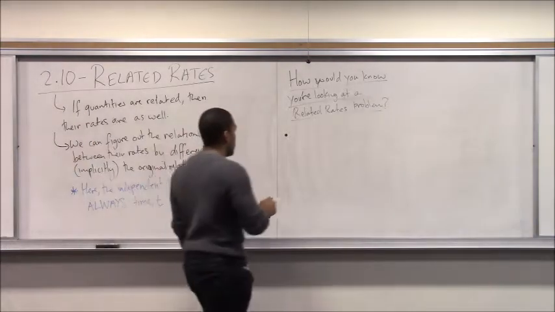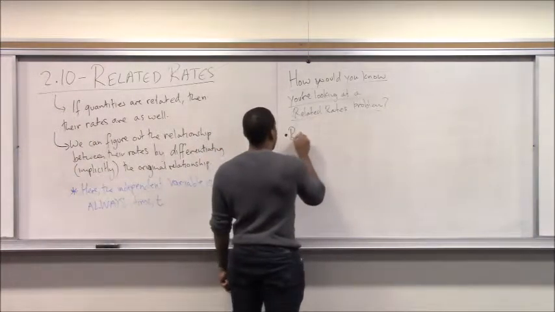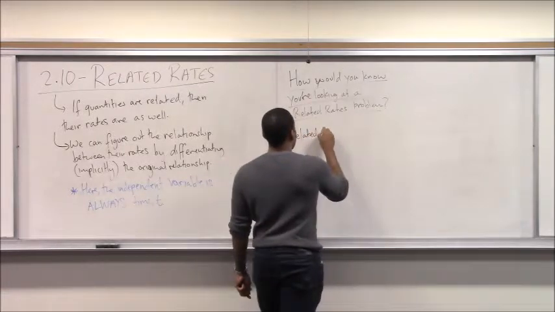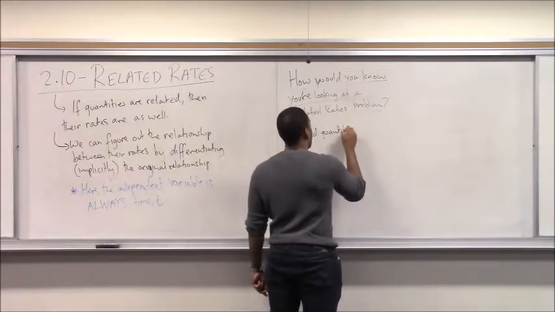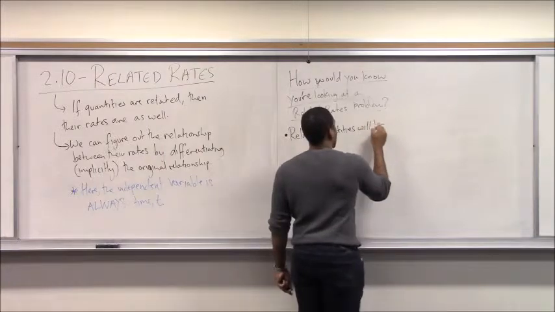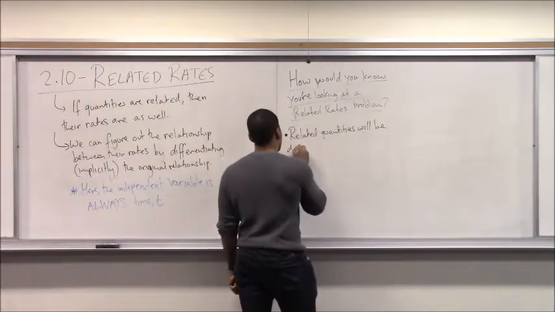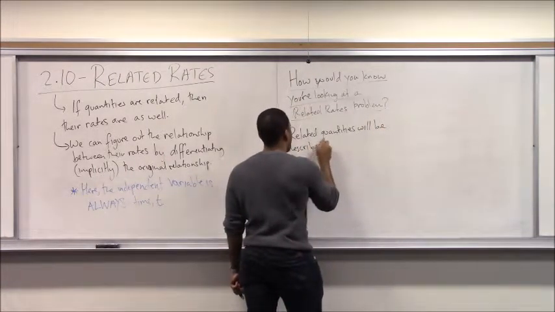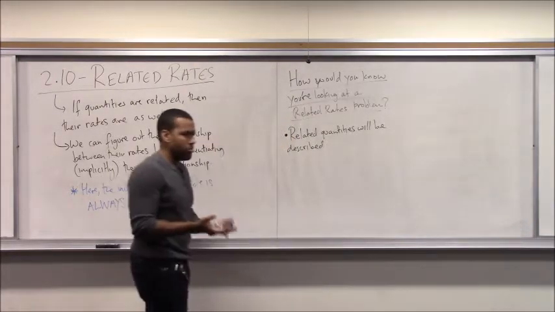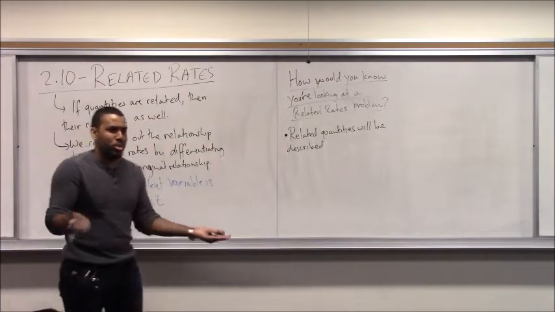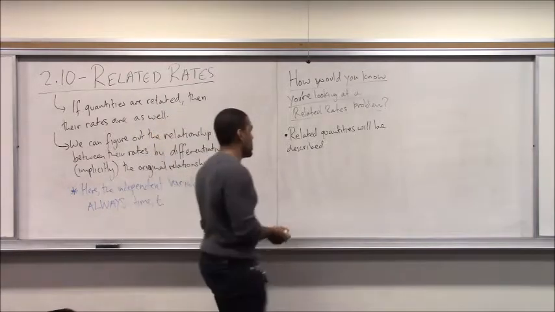The first thing is related quantities will be described, which might not sound like anything particularly special. Every word problem is about them telling me about something that's related to something else.